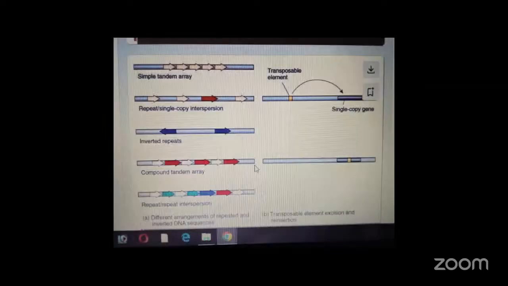Many of the proteins encoded by the chloroplast DNA are involved in photosynthesis.